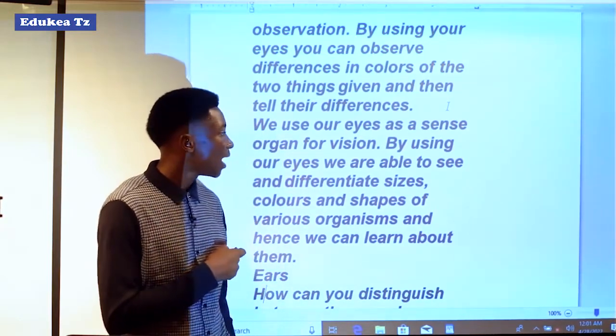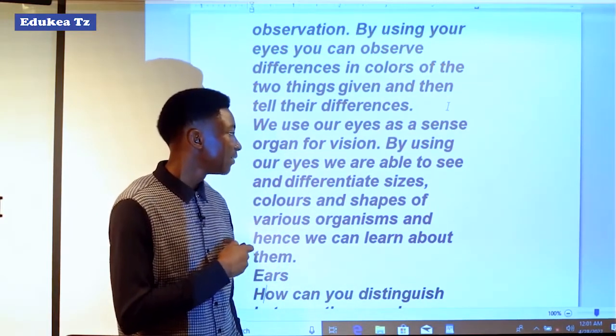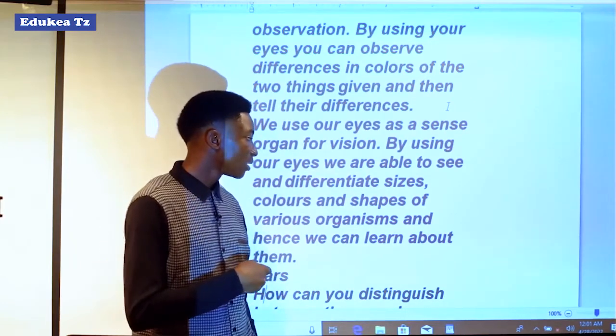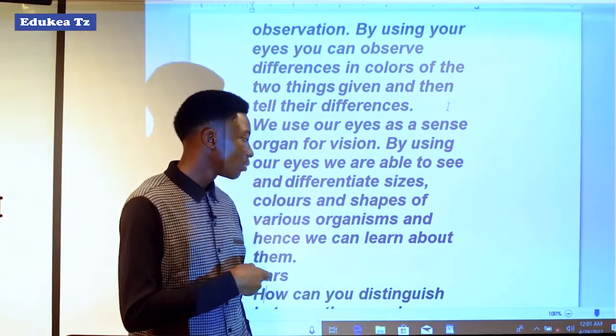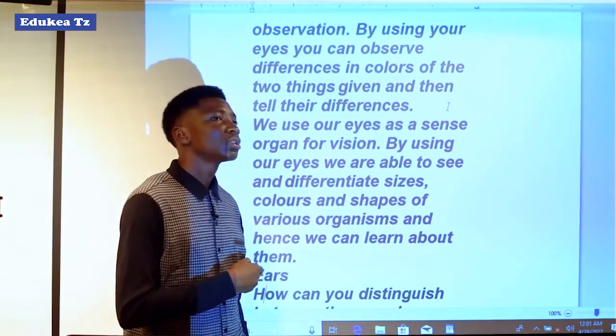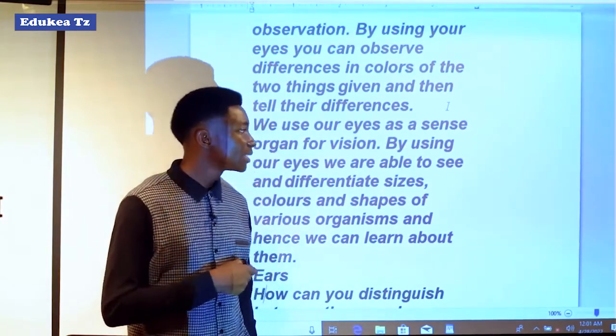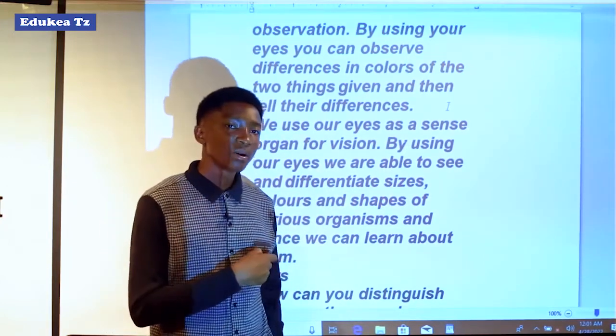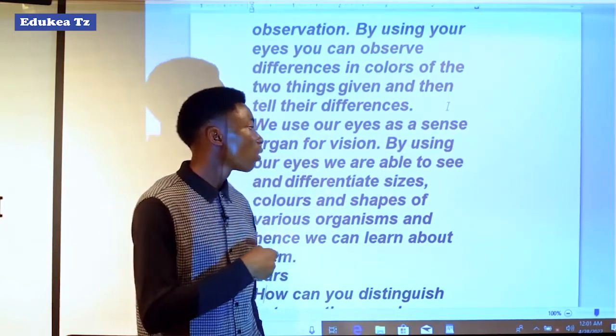By using our eyes, we are able to see and differentiate size, colors, and shapes of various organisms, and hence we can learn about them. By using sense organs such as the eye, you can differentiate many things, which we call observation.